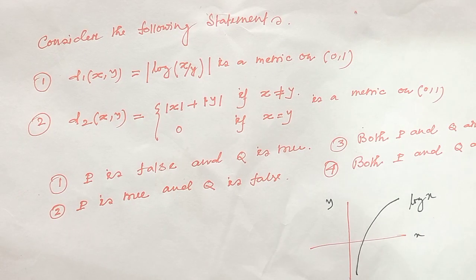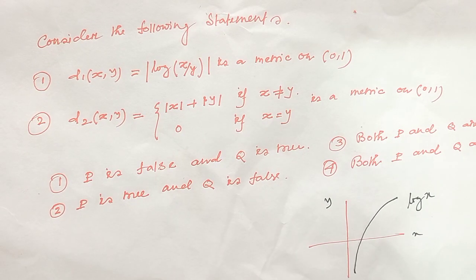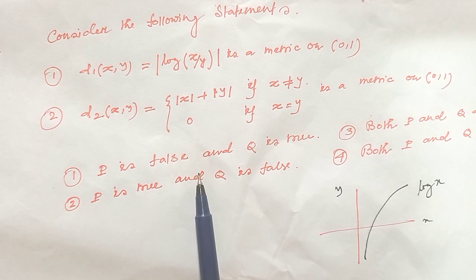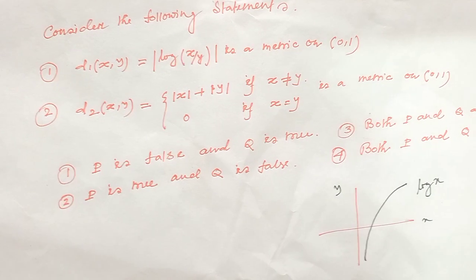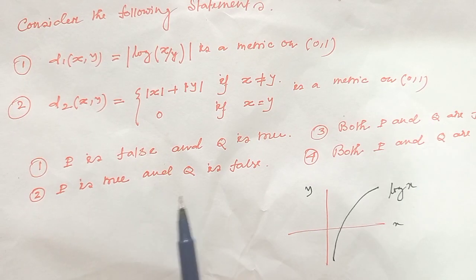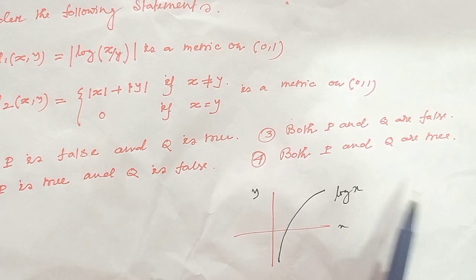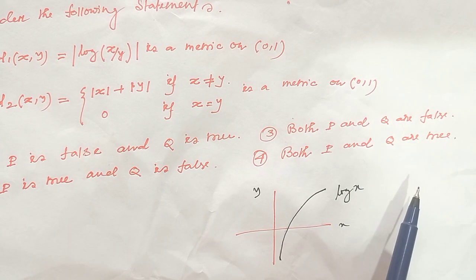Is it a metric on the open interval (0,1)? Option 1 indicates P is false and Q is true. Option 2 indicates P is true and Q is false. Option 3 indicates both P and Q are false. And option 4 indicates P and Q are true.